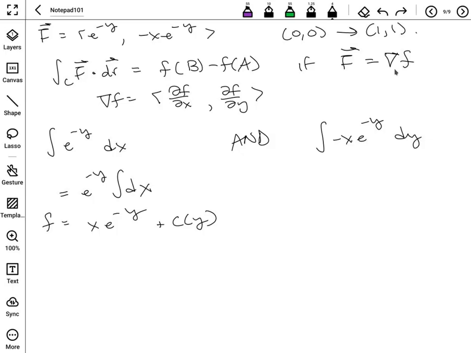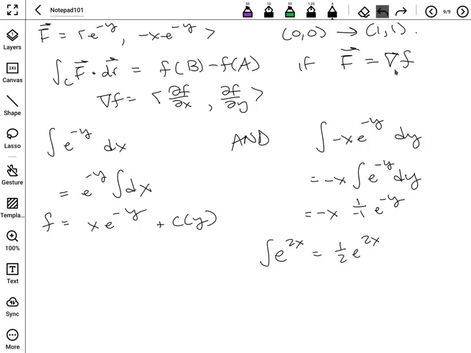When I integrate this function with respect to y, minus x is a constant as far as y is concerned. And then the integral of an exponential is like dividing by the constant inside, but the exponential stays. So it's 1 over minus 1, e to minus y. It's kind of like e to 2x: when you integrate it, it gives you 1/2 e to 2x. I'm using that same rule except my number is minus 1.